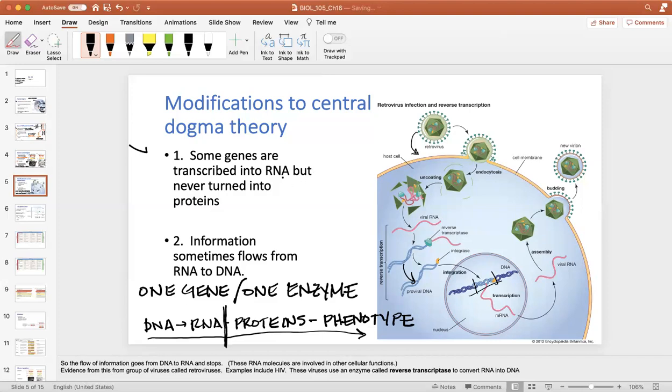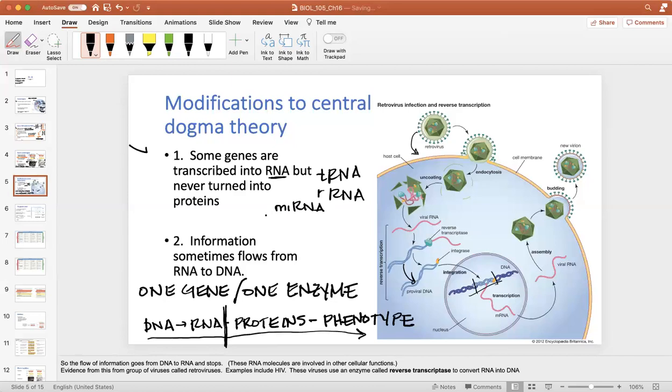There are some RNA molecules that have cellular functions all by themselves. Like we're going to learn about tRNA, which is involved in translation. We're going to learn later on about rRNA, which is involved in the structure of ribosomes. There are other RNAs that we'll talk about later in the course called microRNAs.